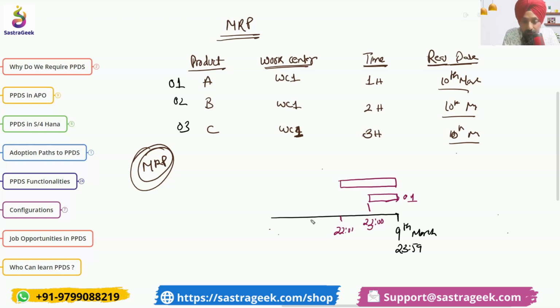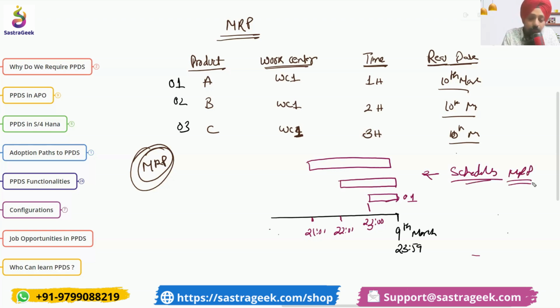Then order 3 will start from 21:00 and finish. So this is the kind of scheduling you will get from MRP. Now this is not finite scheduling. On the same work center, it is giving you 3 products to be produced in parallel. Three products need to be produced in parallel.